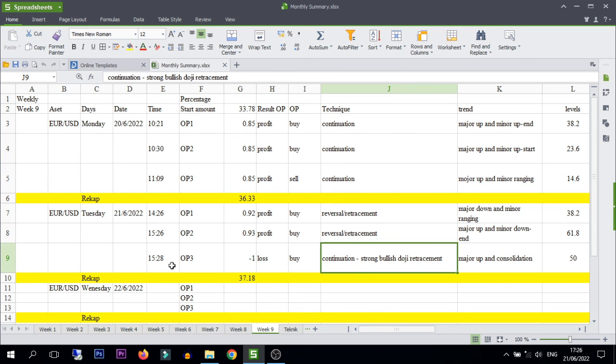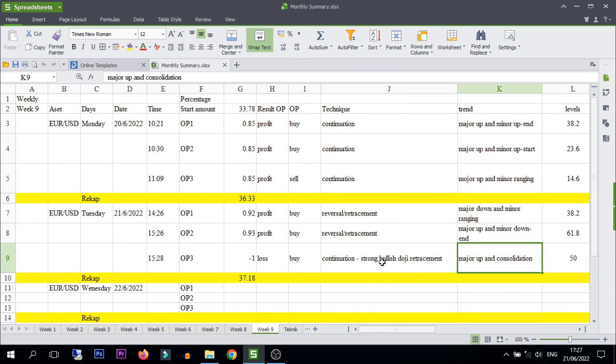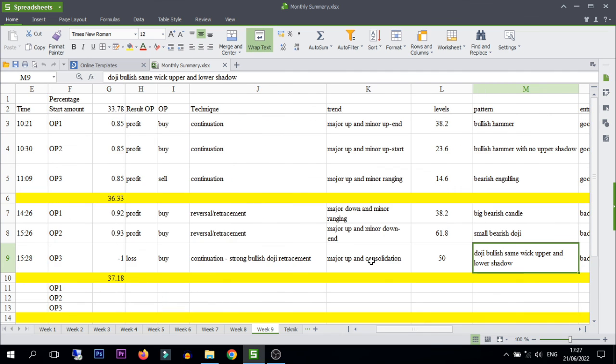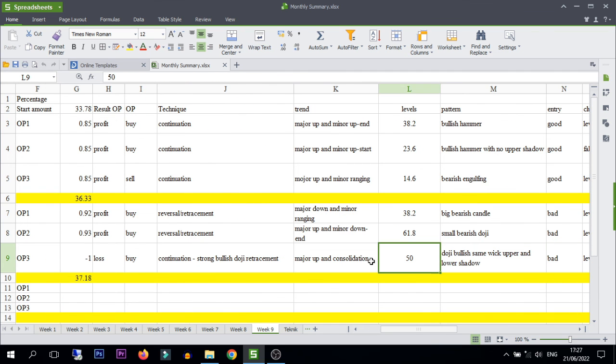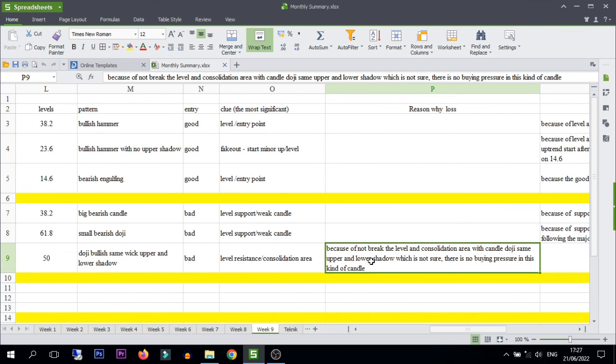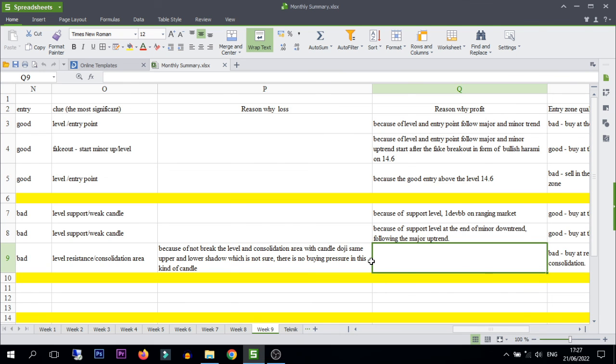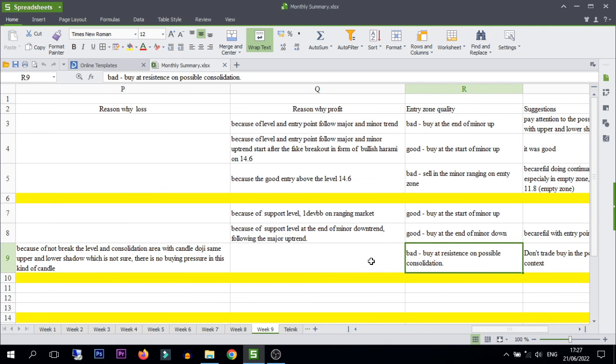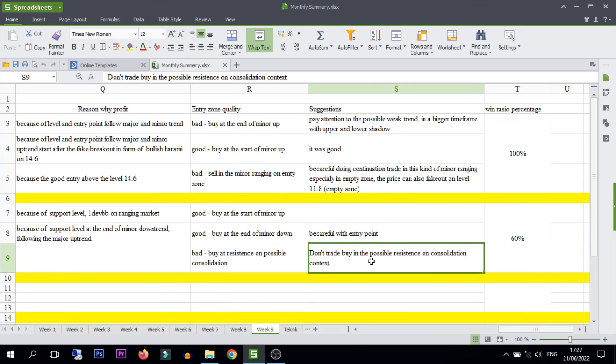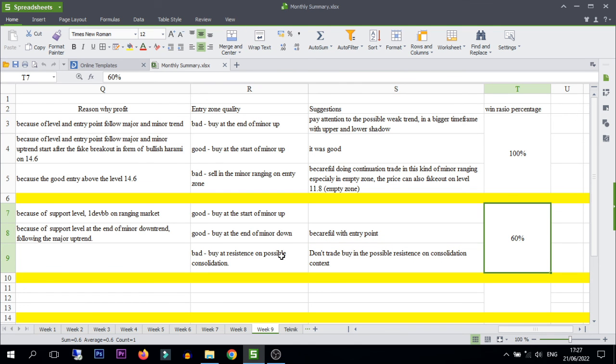Okay, in the losing trade I was hoping for the continuation with a strong bullish doji retracement, but I'm not seeing the upper and lower shadow, and the 50 level is not broken. You see, it's going to be a bad area to trade, so don't buy at a possible resistance in a consolidation context. Okay, so 60% winning ratio.